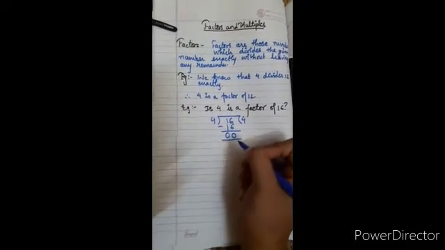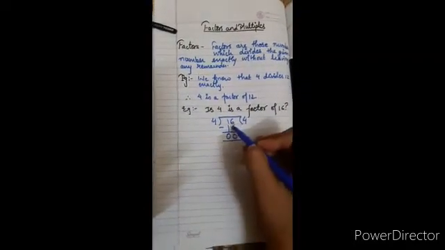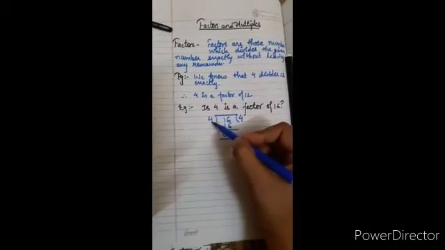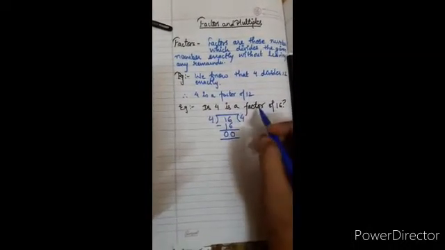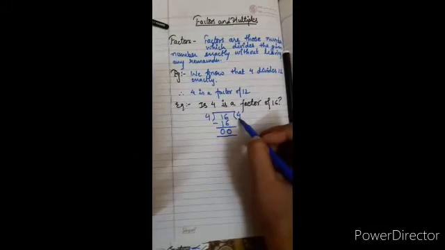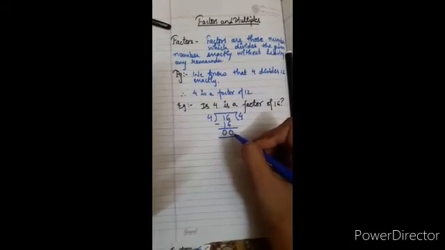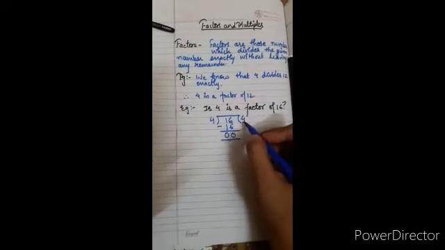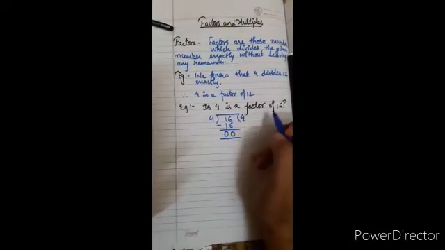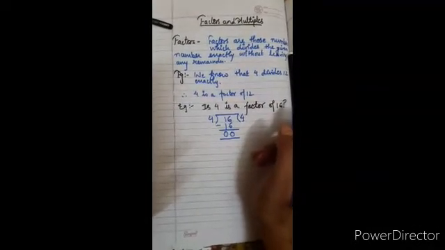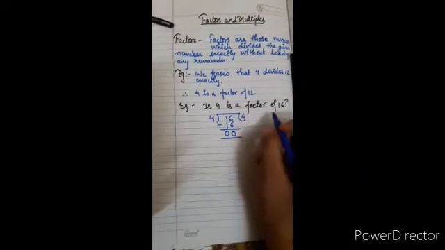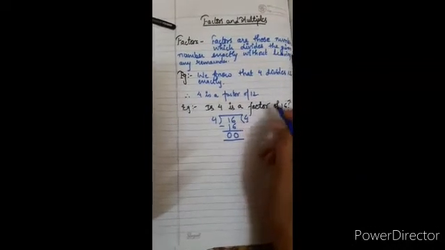So when a number divides any other number exactly, then the divisor is called a factor. It means there is no remainder. If the remainder is 0, then the divisor is a factor of that number. It means 4 is a factor of 16.